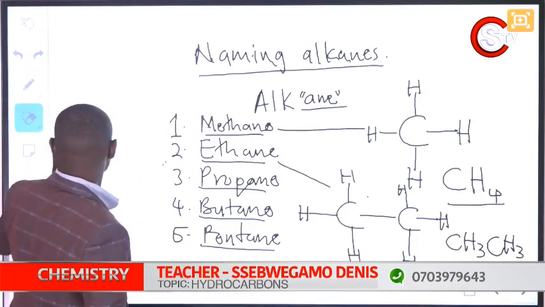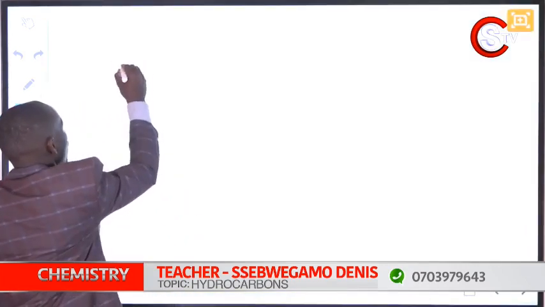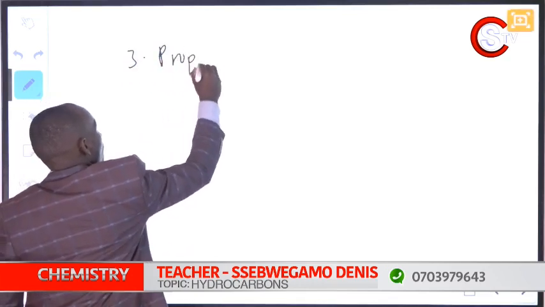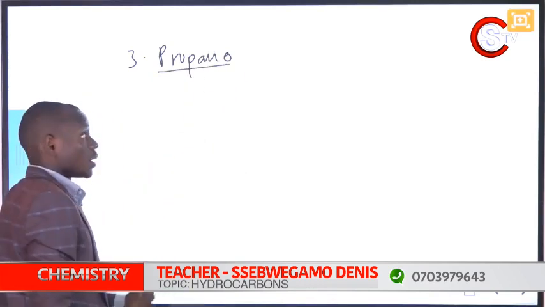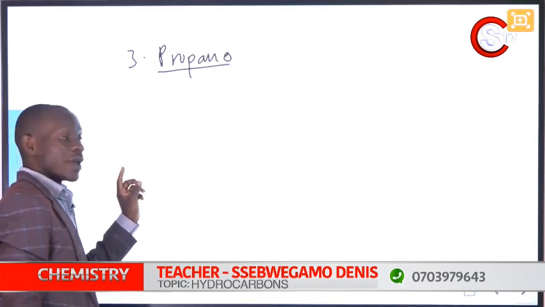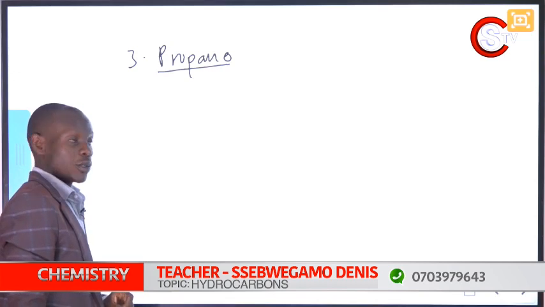Now, if you look at propane, I guess now we can. Propane has 3 carbon atoms. But remember, in alkanes, the atoms are connected by single bonds. You shouldn't forget that.